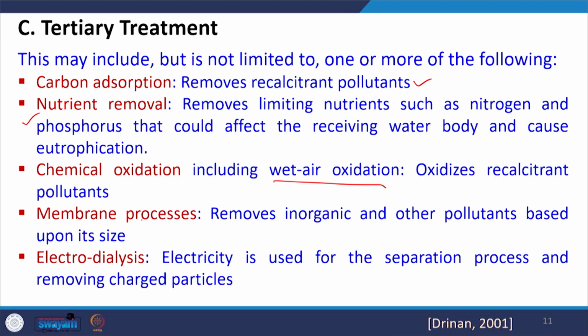Reverse osmosis falls in the category of membrane separation processes, but here we use pressure for forcing water molecules to the cleaner side, so that the water which is coming into the RO unit actually gets more concentrated.